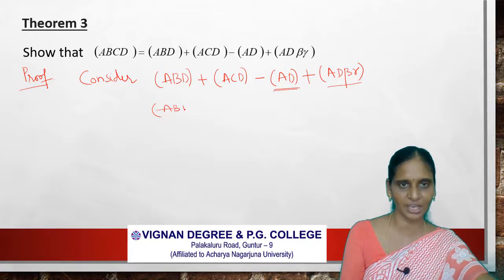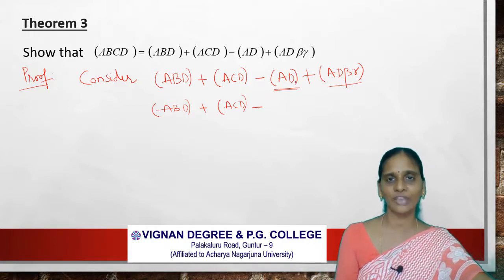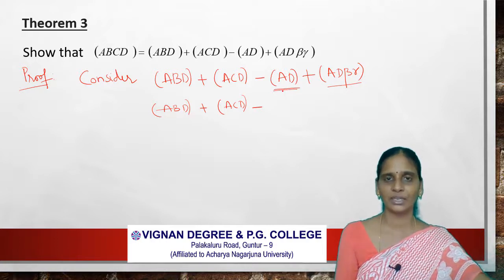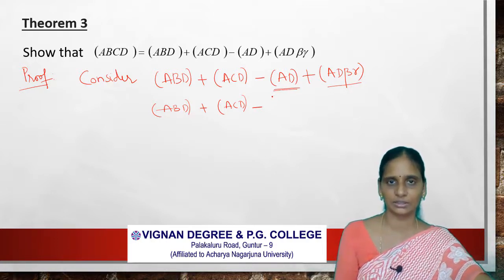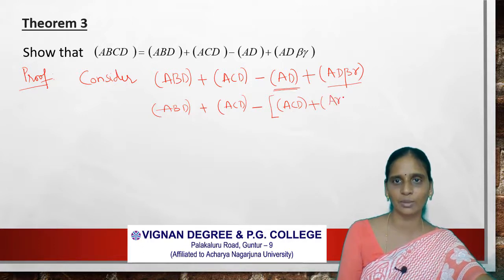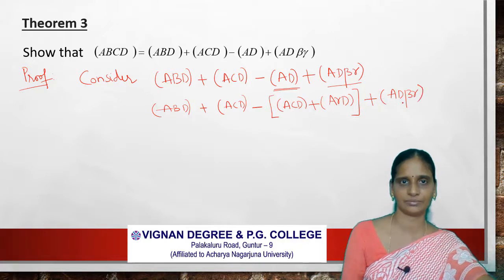That is frequency of ABD plus frequency of ACD minus frequency of AD can be expressed in terms of third order. So like this, that is frequency of ACD plus frequency of A gamma D plus frequency of AD beta gamma.